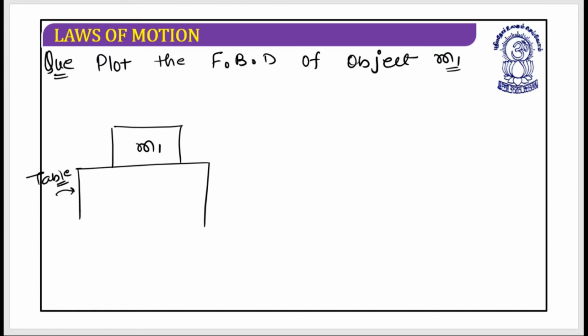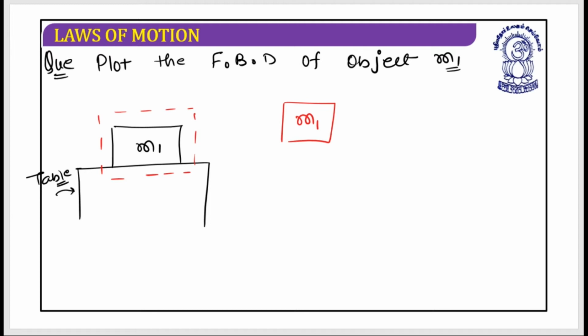So what you need to do, as a first step, is just isolate this body. So this is the isolation of this body. Yes, we better know what isolation is. So this is M1.